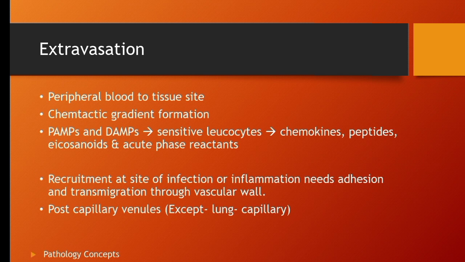This in turn releases pro-inflammatory mediators like interleukin 1b, interleukin 6, and TNF alpha. This triggers the accumulation of leukocytes at the site of infection, inflammation or injury. This also produces acute phase reactants and regulates vascular endothelial permeability.